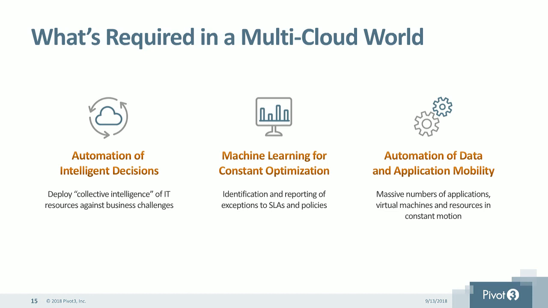That's really what we're aiming for, so that no matter where the application is deployed, it can be moved. The data that goes along with it can be moved as well to get the most out of the system for cost or performance, compliance, security, all the different dimensions that are important for how you run your applications, and being able to provide that software intelligence to do those types of things.